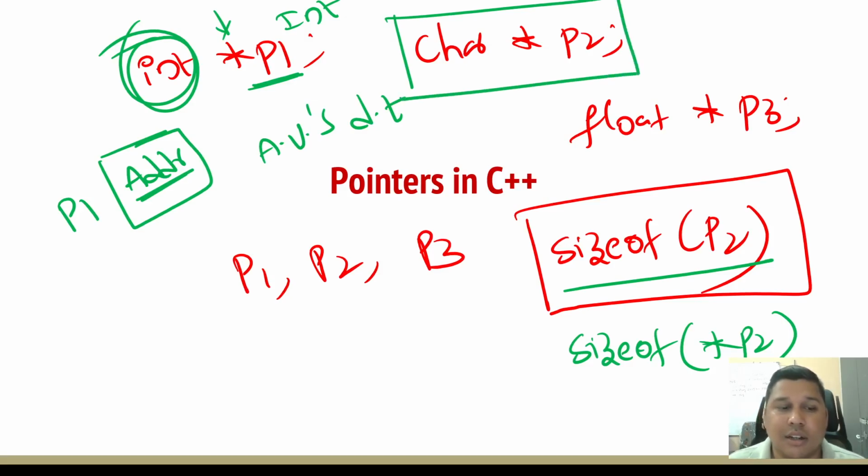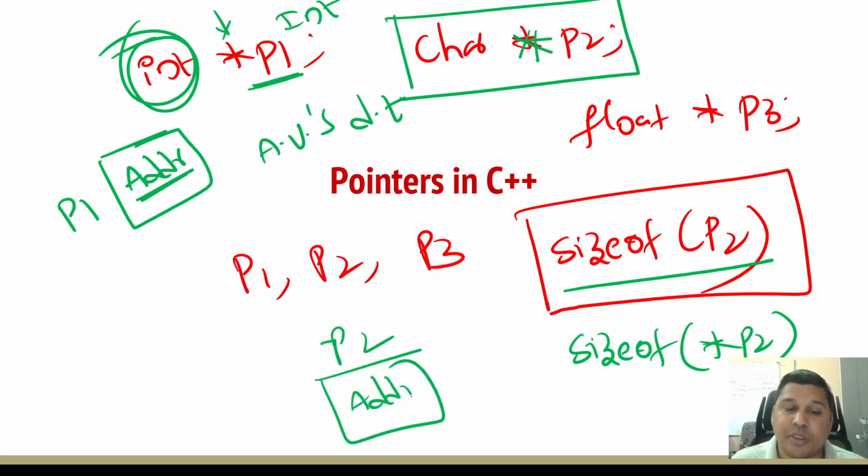If you see this statement, char star p2: p2 is a pointer variable. With this star I understood it is a pointer variable. P2 will store some address, and this box contains a value that is of type integer only, because an address is always an integer.